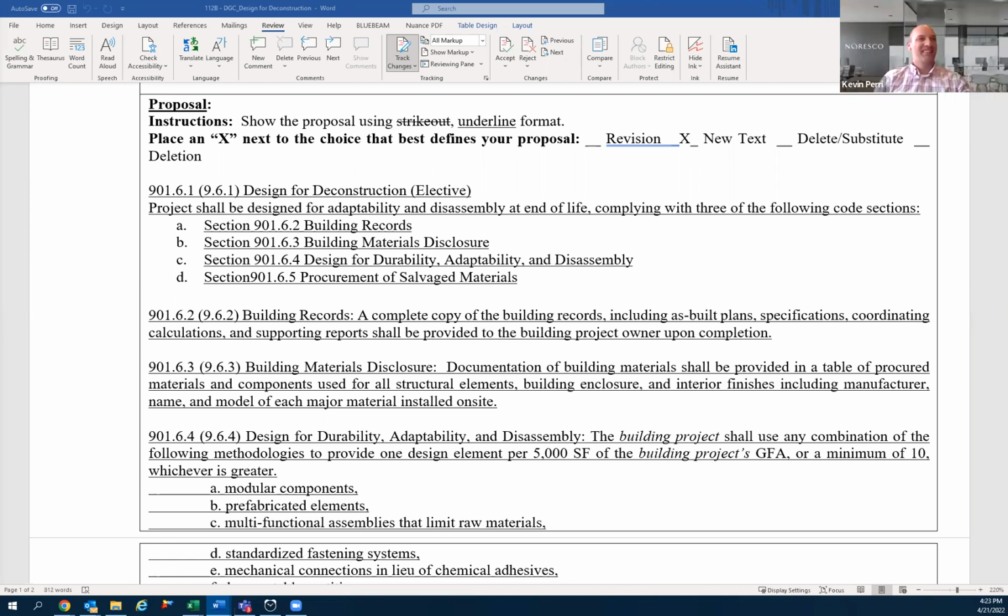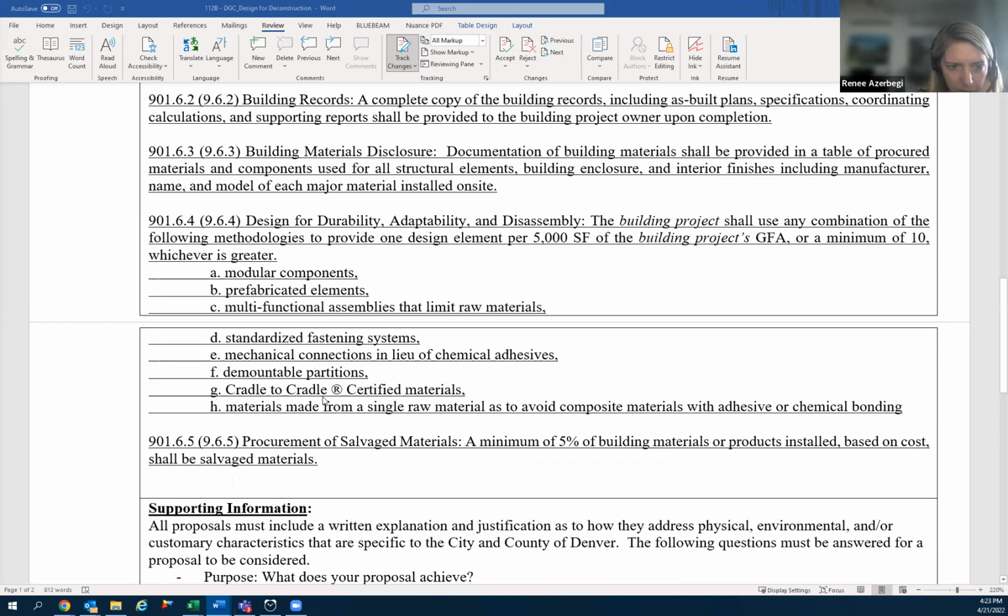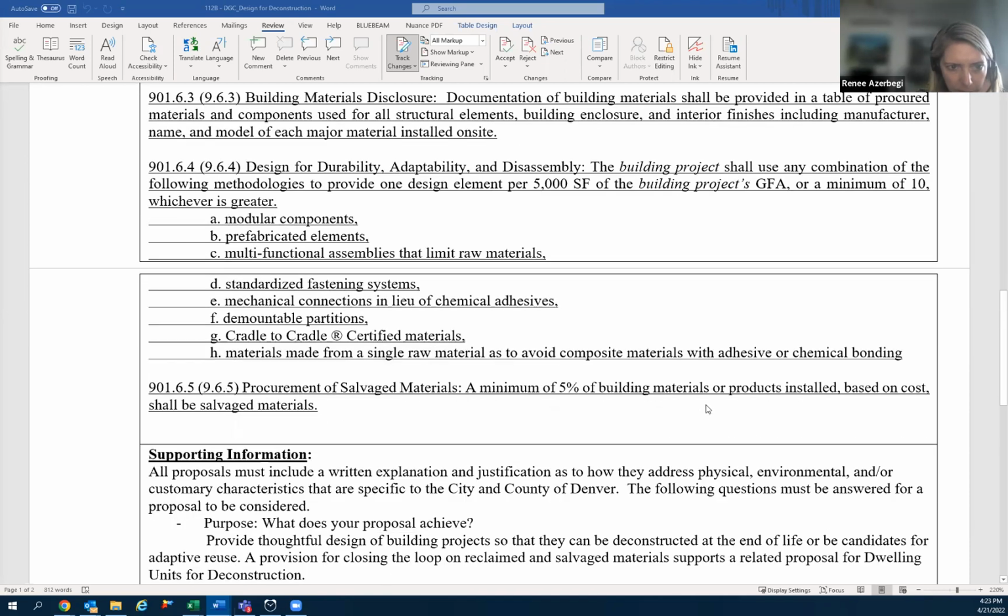Okay. All right. Next hand up is Renee. I guess I would make a motion to add the words building reuse to that section about the salvaged material. Where is that? 9.6.5.